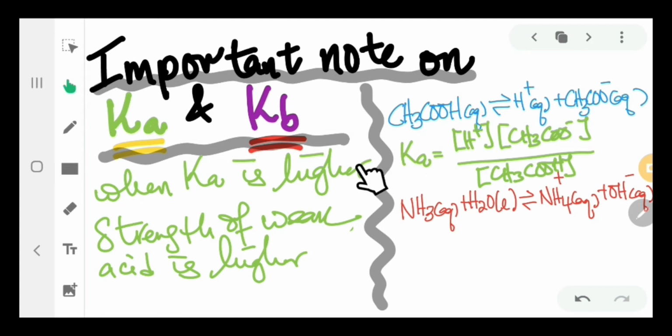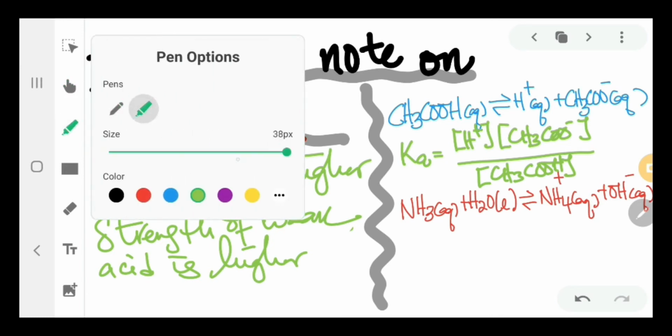So that's why when you have a higher Ka value, the strength of your weak acid will be higher. When your Ka value is smaller or lower, the strength of the weak acid will also be weaker. So this is very, very important.